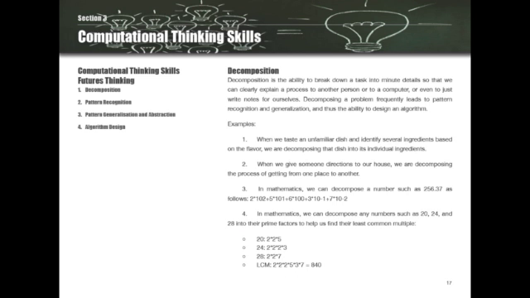Okay, a couple of more specific examples again. Decomposition, and I've given you some examples there where we can decompose things. When we give directions to our house, we decompose the process of getting from one place to another. We give them a set of simple instructions.